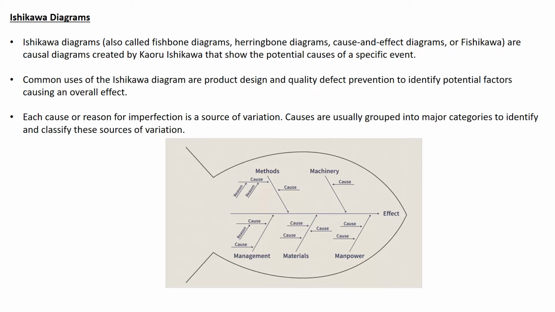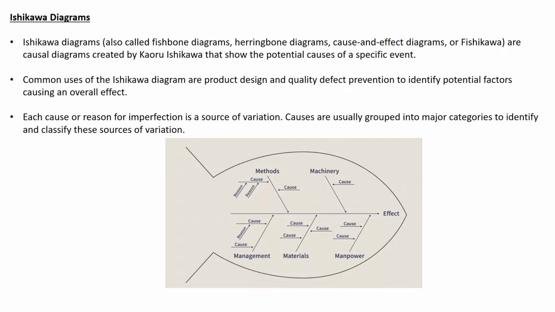And we look at this, for example, methods. Maybe the problems we're having in manufacturing have to do with how it's being made, the process of it. Or the machinery could be worn out, could be the wrong machinery. Manpower. And this is not blaming the person per se. 99% of the time, manpower problems are either caused by a poorly trained hire or a lack of training.